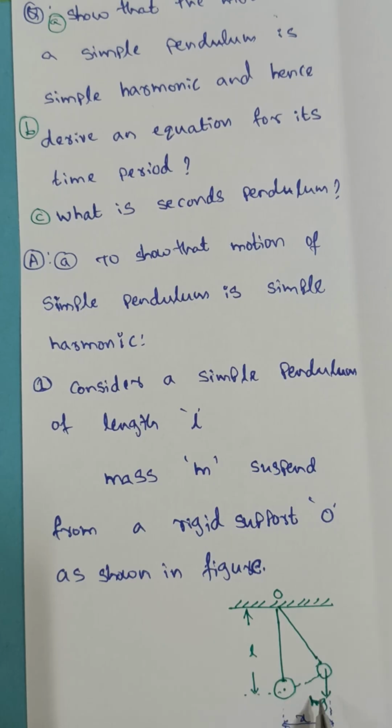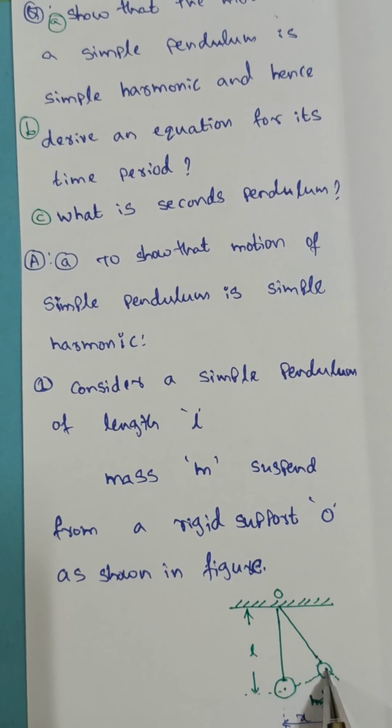Let the bob make an angle theta with the vertical. So it is a vertical, so some angle you are taking, the angle is theta.